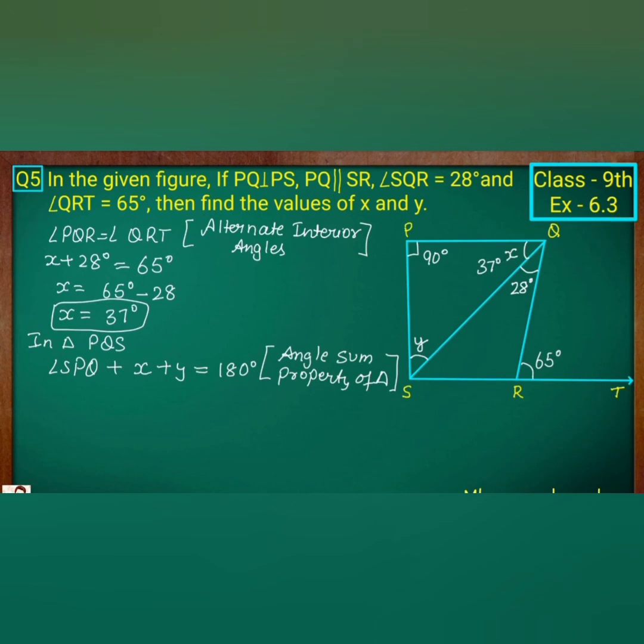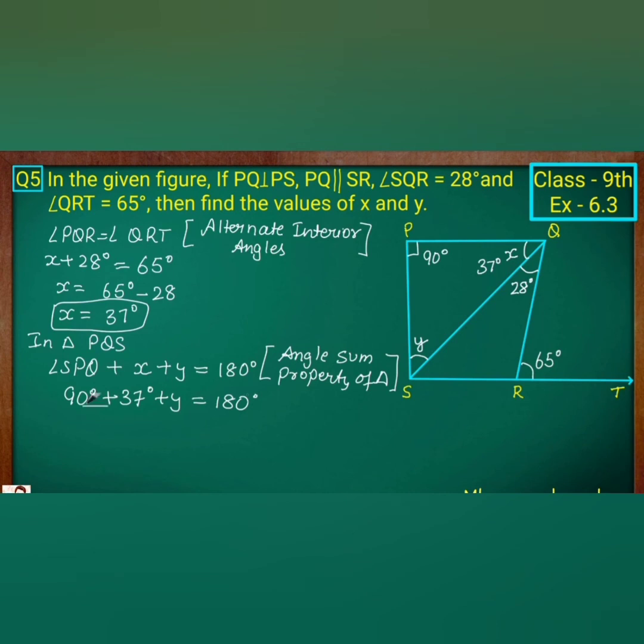Okay, now you have to find the value of y. First, what's the value of angle SPQ? 90 degree, which is given, right? So just mention that value, 90 degree plus x. What's the value of x? 37 degree plus y equal to 180 degree.